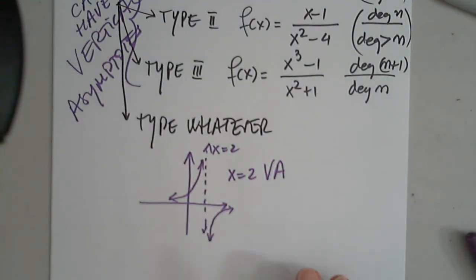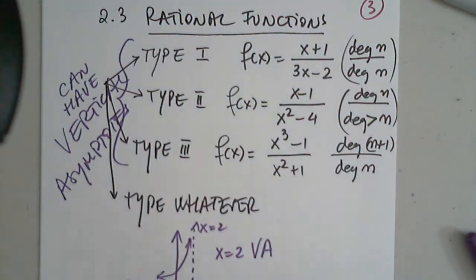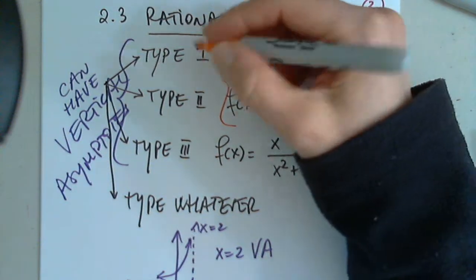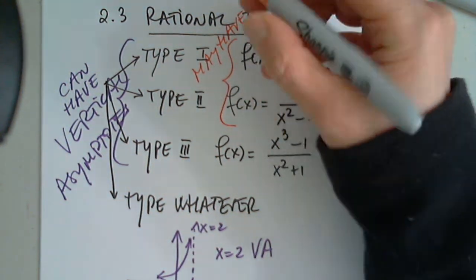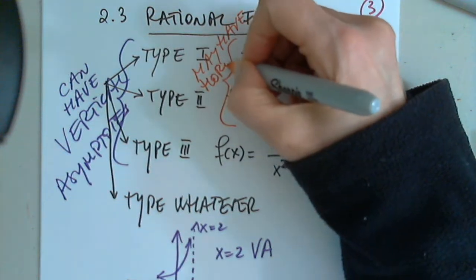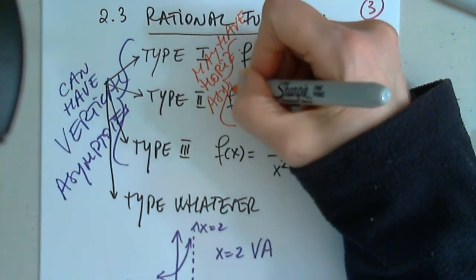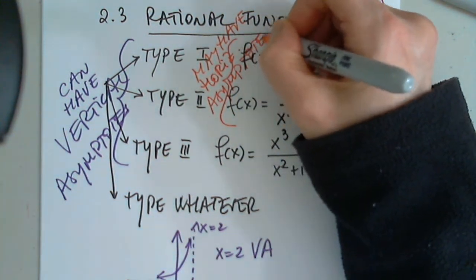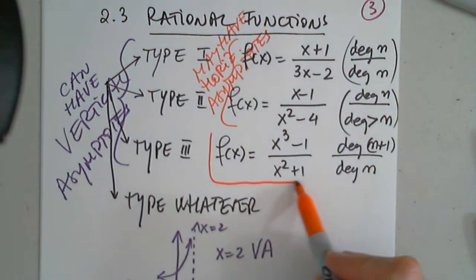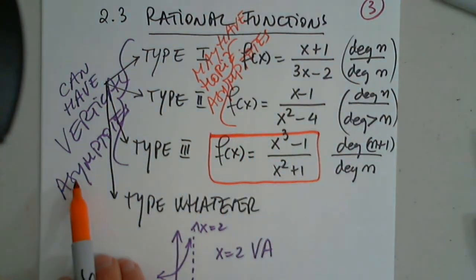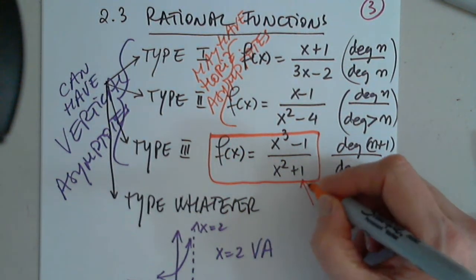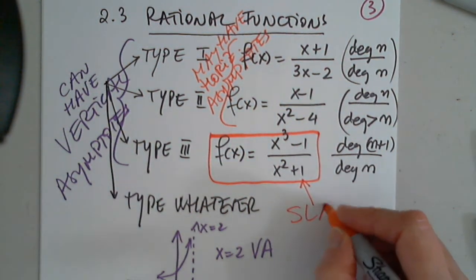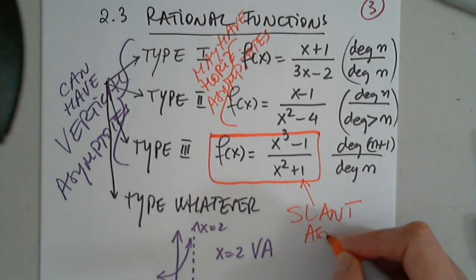Okay, now these two, the first two, may have or can have horizontal asymptotes. This one can have a vertical but not horizontal. This one is the only one that has a slant asymptote.